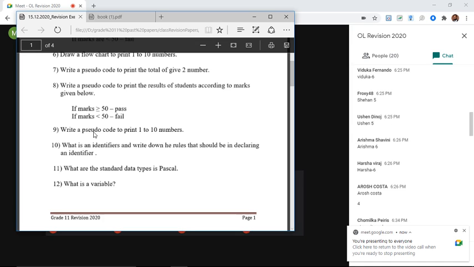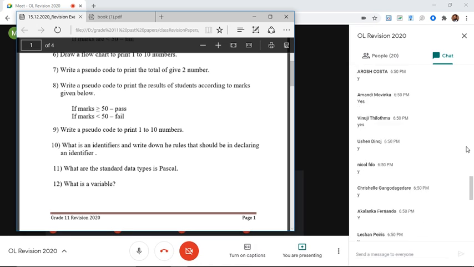We are moving to question number 9. Arishma, just tell me question number 9. What is that? What can you tell about question number 9, Arishma? Arishma, can you unmute?